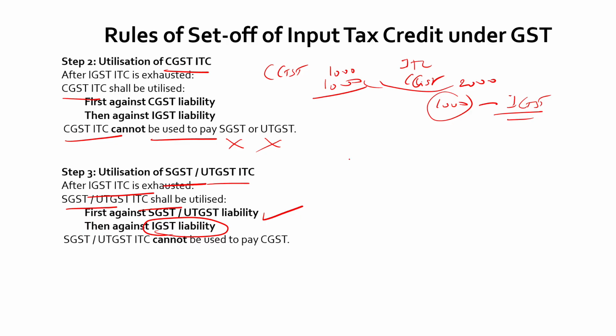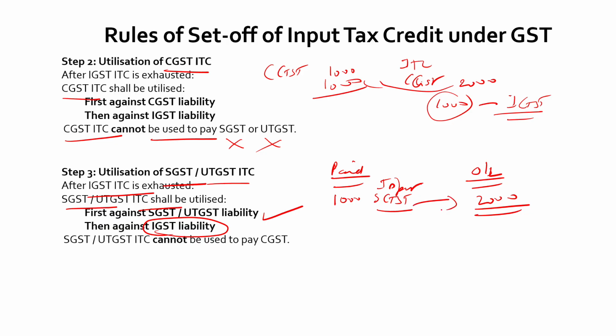For example, you paid your businessman around 1000 as SGST input tax. Now you have collected from your customer an output liability of 2000 rupees. So you have to pay 2000 minus 1000, that is 1000, to the government.